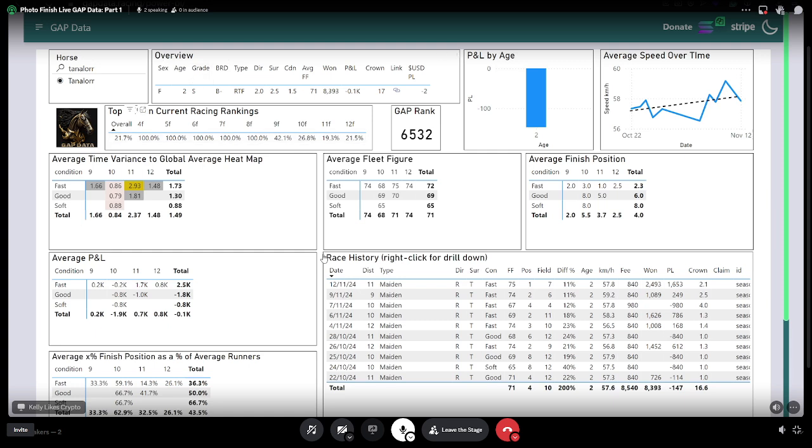Here, let's look at my old horse. Darn it, I forget what my old horse is called. His dad is... I'll just have to go to my stable. Hang on a second.